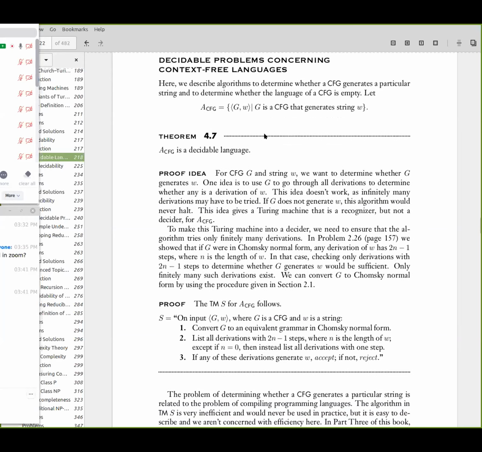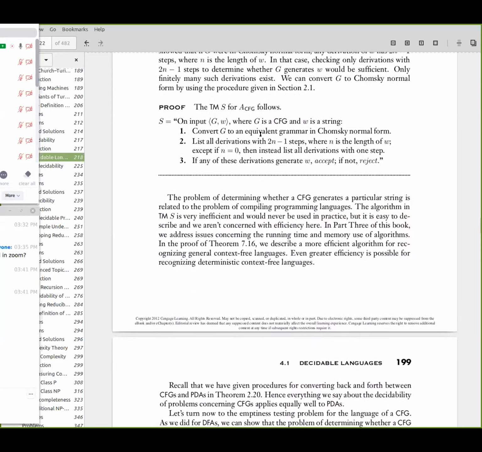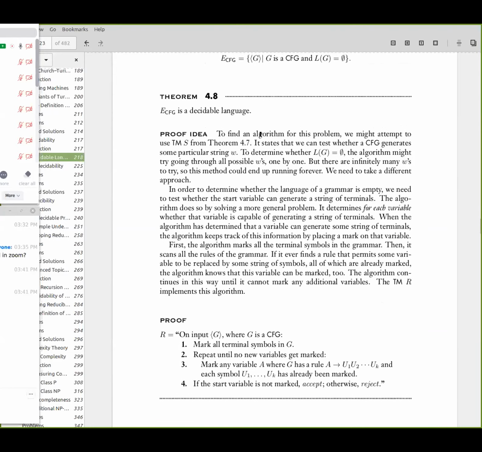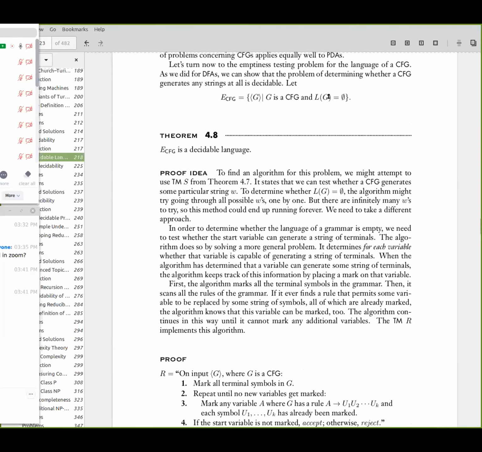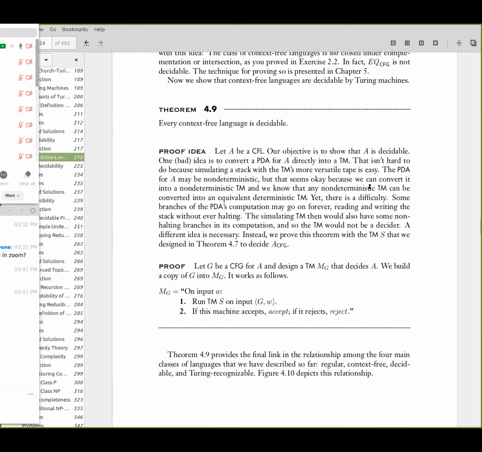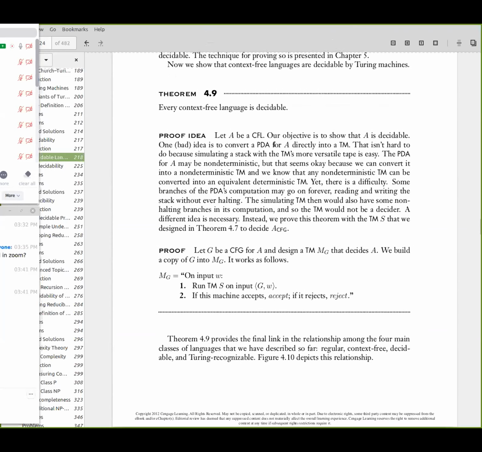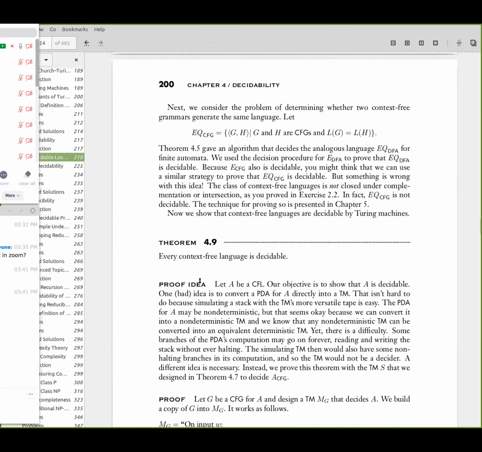This is arbitrary CFGs, but it's still decidable. The set of grammars that are empty is decidable. So every context-free language is decidable because it has a grammar, and then that was decidable.